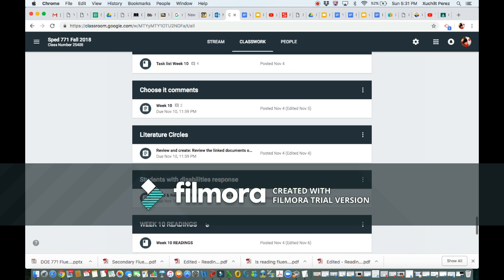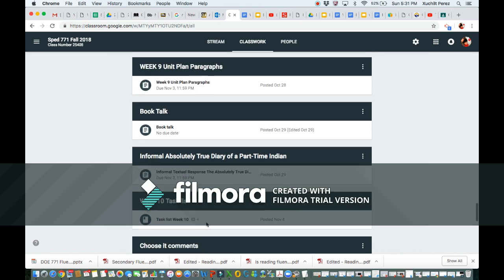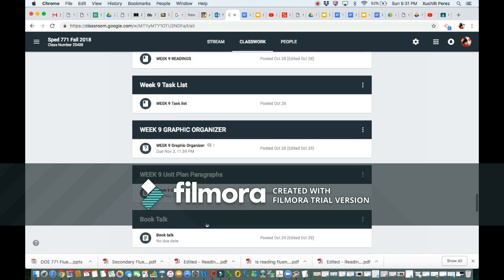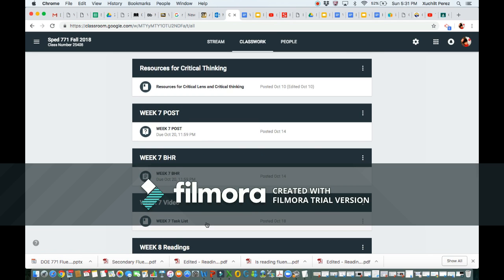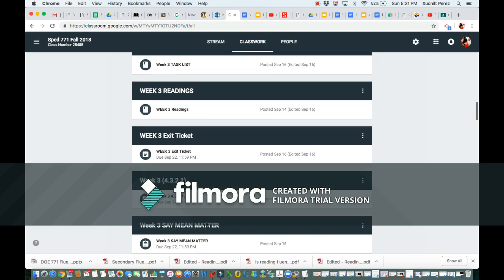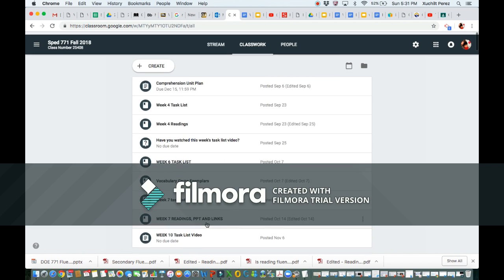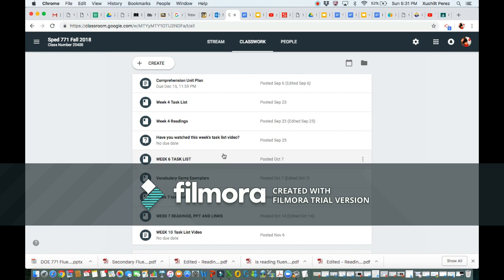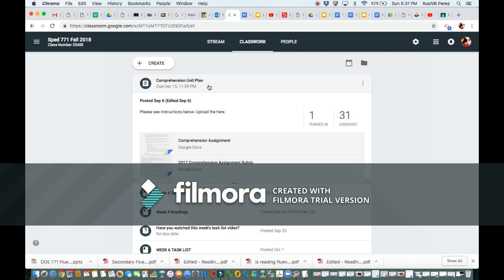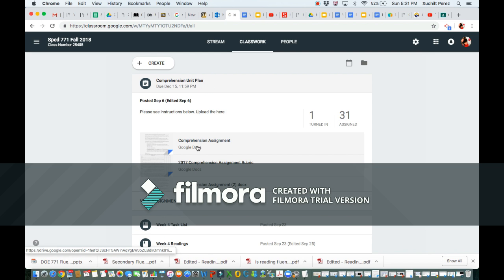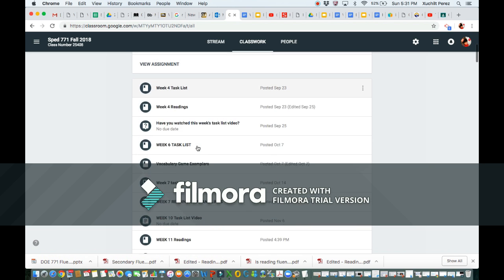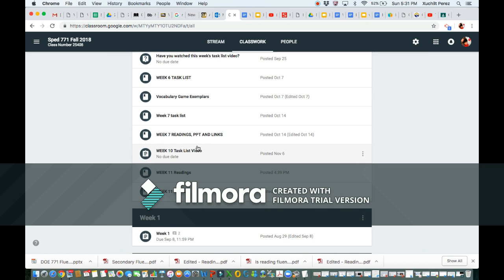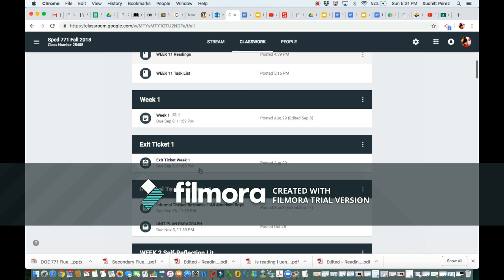I wanted to point out that I have added some resources for the unit plan into our Google Classroom. So I just wanted to make sure I pointed those out for you. So you all know that you have the comprehension unit plan outline here with a rubric and everything else.